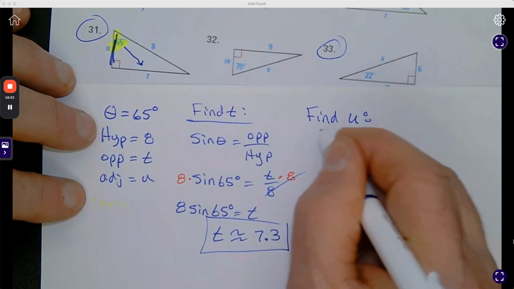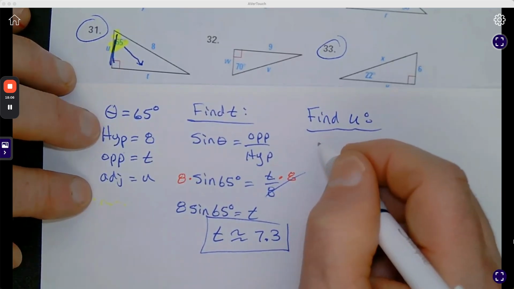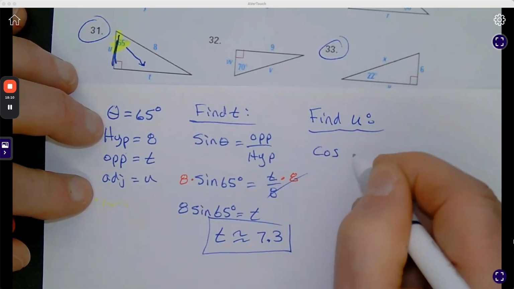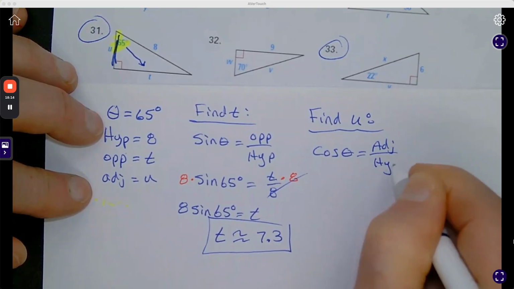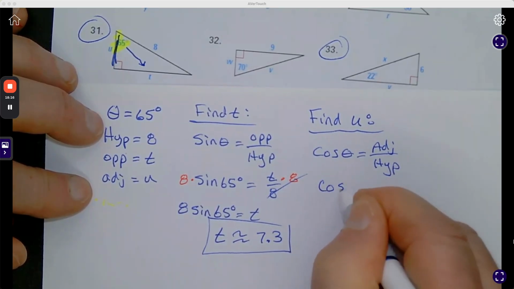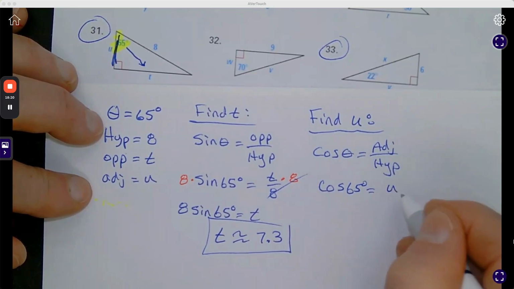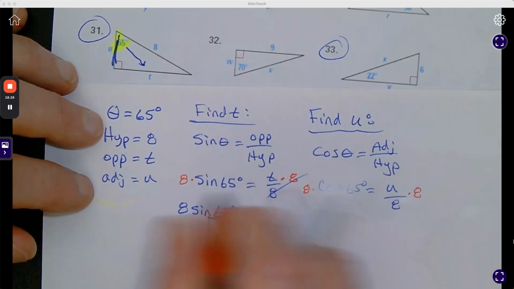Now we're going to find U. That is going to be adjacent and hypotenuse. Adjacent and hypotenuse is cosine theta. The angle is 65. Adjacent is U. Hypotenuse is 8. Multiply both sides by 8.